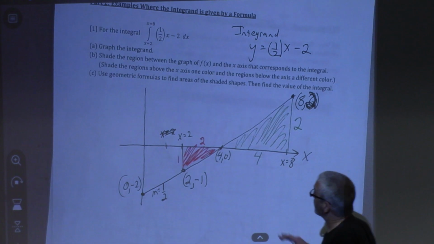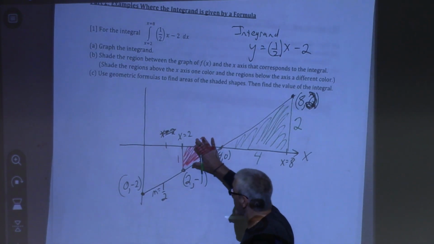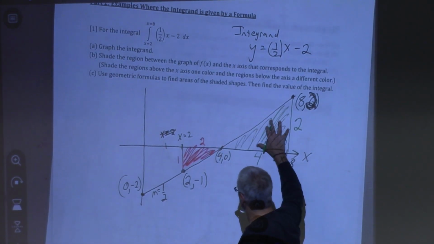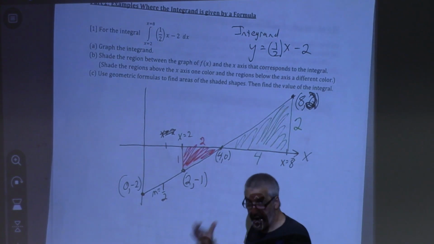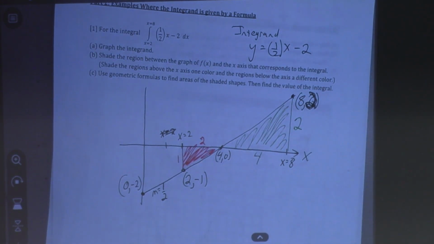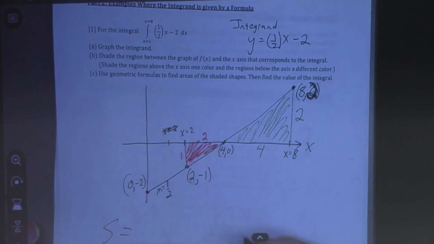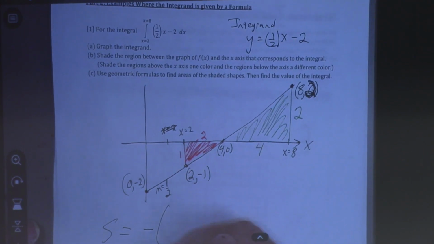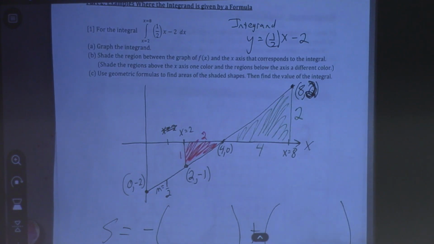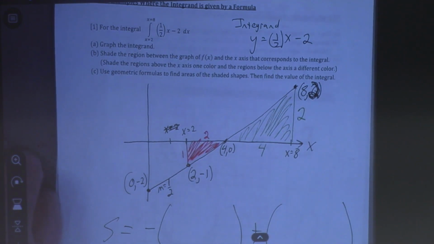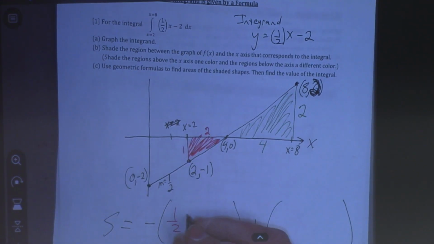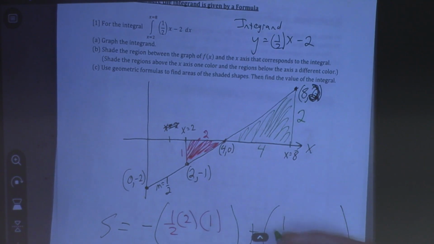So I've got to do this area, stick a negative sign on it, and then this area, stick a plus sign on it, add them up, that'll be my area. So my signed area is going to be something with a minus sign plus something here. That red area is going to be 1/2 the base times the height, and the green area is going to be 1/2 the base times the height.